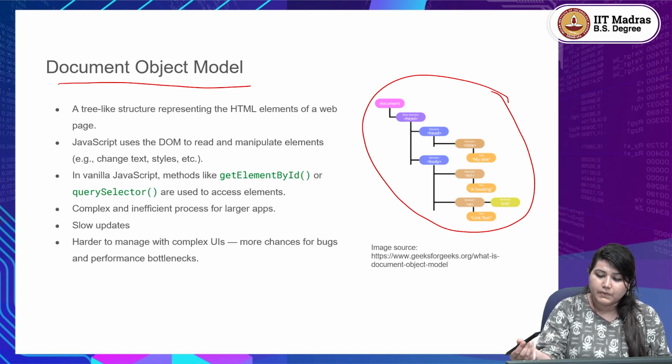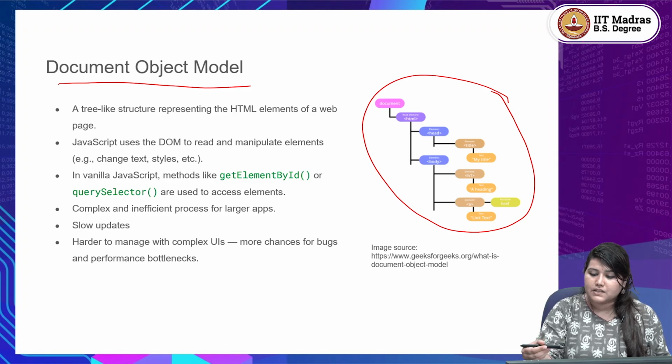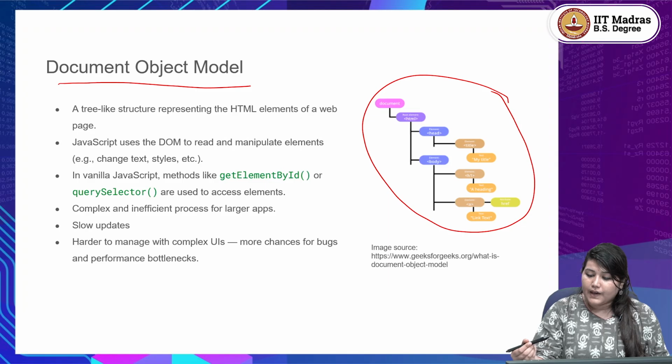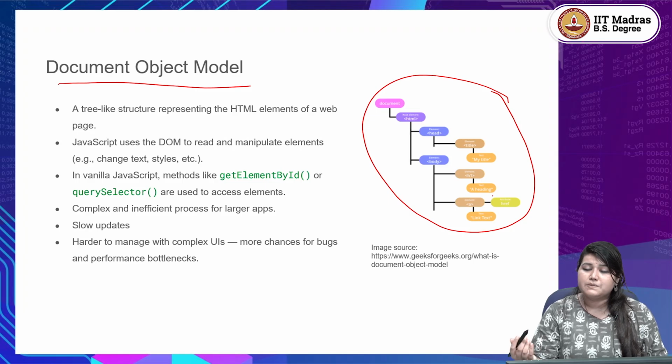Here it says document, then we have this HTML element, inside this we have this head element, body element. Inside this head we have title element, then we have title. In the body we have h1 element, then we have anchor tag, and you can see the content for that. So DOM is basically a tree-like structure that represents the elements of a web page.